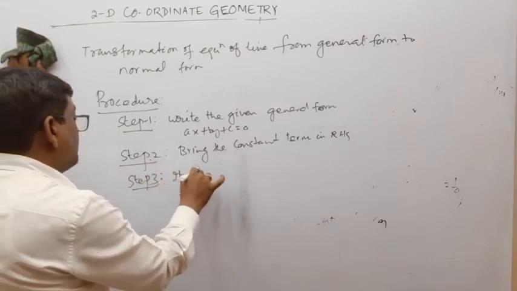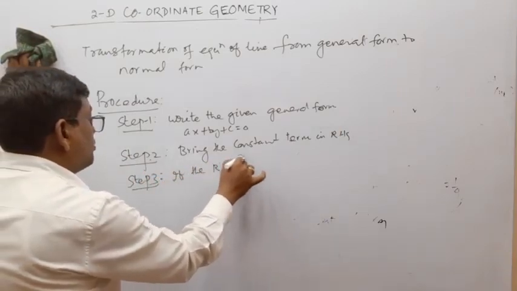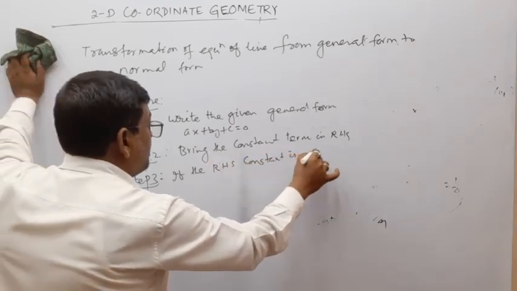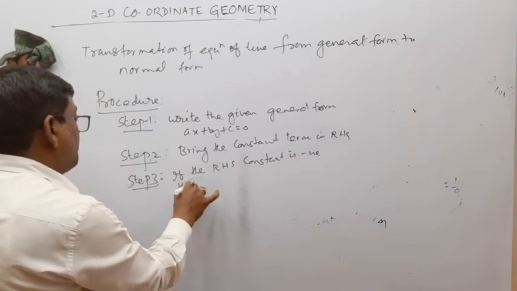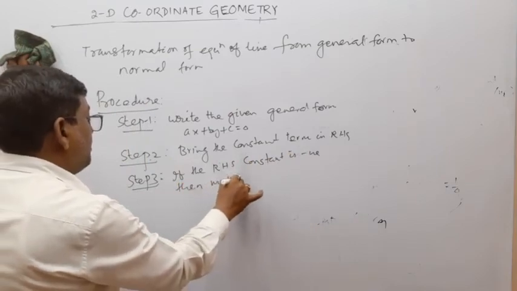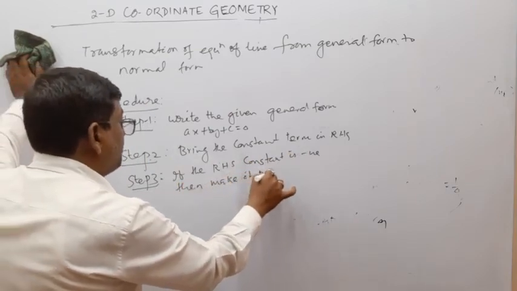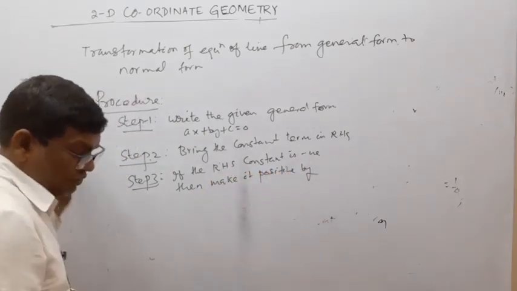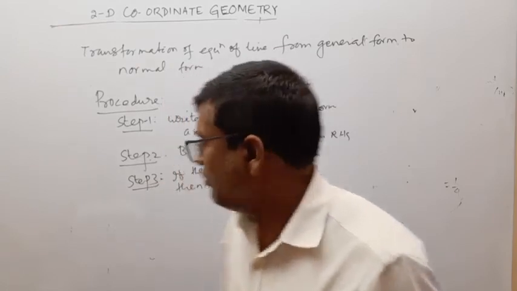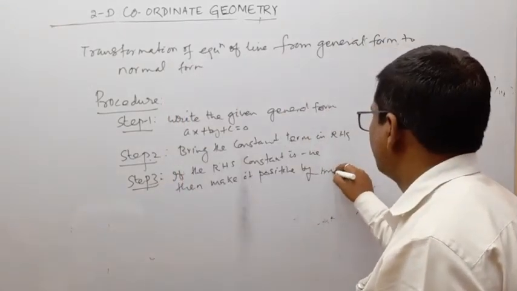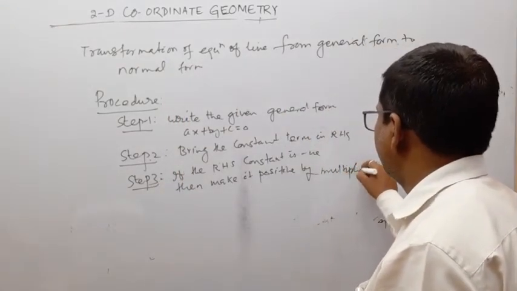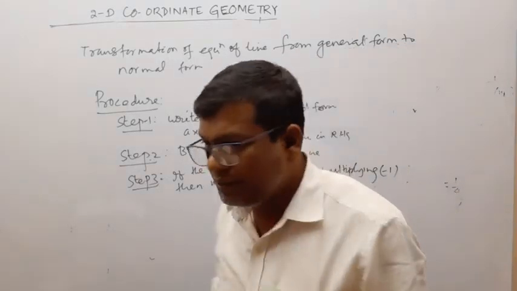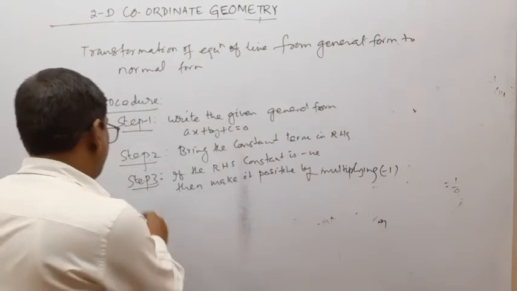Step 3: If the right-hand side constant is negative, then make it positive by multiplying by minus 1. After that it is positive.